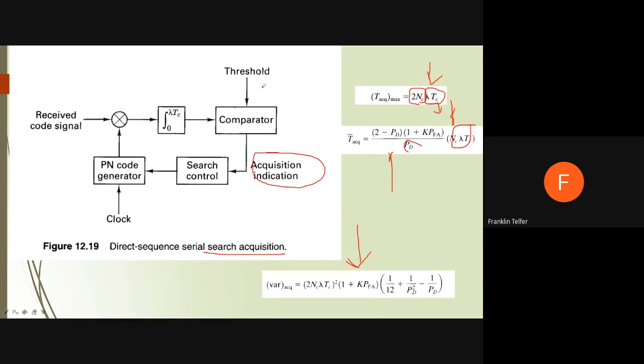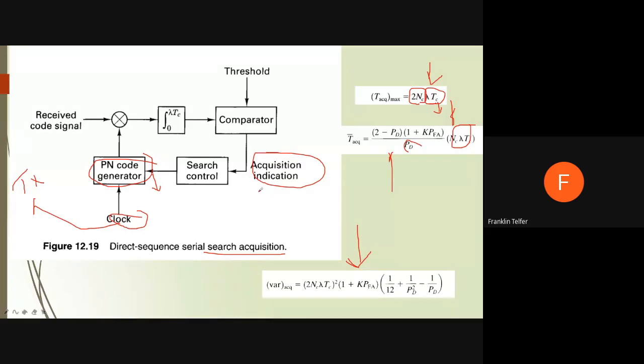The PN generator code is not altered, and it syncs with the transmitter. The clock is not delayed, so this clock should also be in sync with the clock in the transmitter. So once you have proper synchronization between transmitter and receiver with the proper PN code generator.